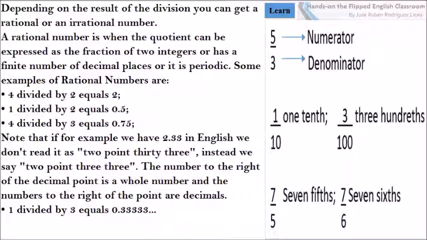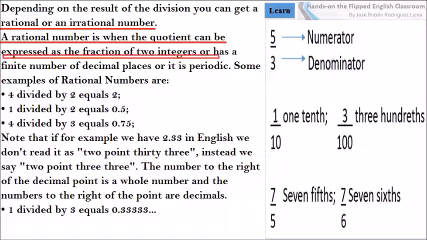Depending on the result of the division you can get a rational or an irrational number. A rational number is when the quotient can be expressed as the fraction of two integers or has a finite number of decimal places or it is periodic. Some examples of rational numbers are 4 divided by 2 equals 2, 1 divided by 2 equals 0.5, 3 divided by 4 equals 0.75.